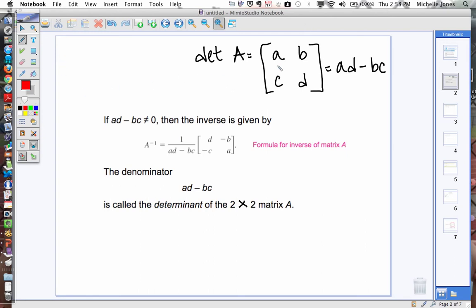So up here I have our determinant for an A, B, C, D matrix, a 2 by 2, and we saw that it's just A times D minus B times C. So once you get the determinant, for the inverse, it's 1 divided by the determinant, and then you multiply that by these locations. So you are literally switching the spot of your A and your D, and you're making C and B negative. So let's go ahead and try a problem.